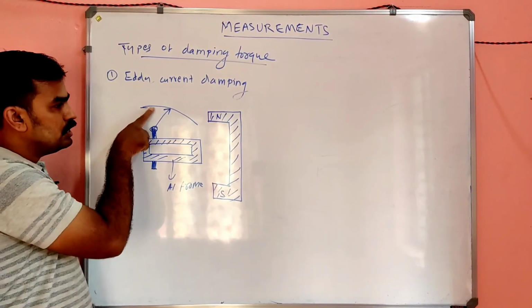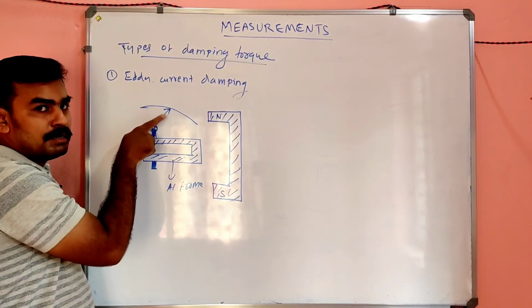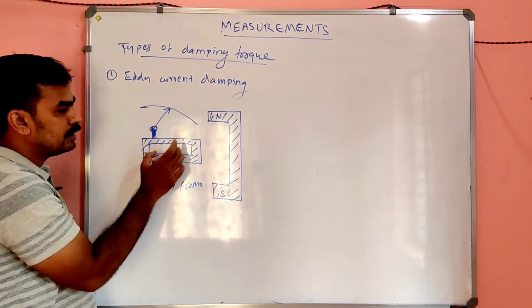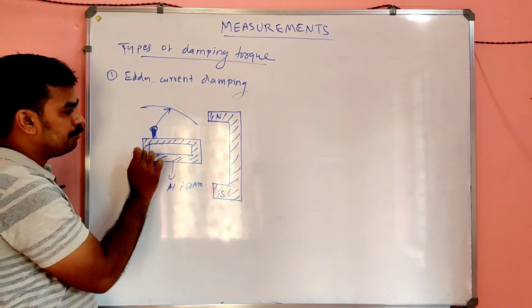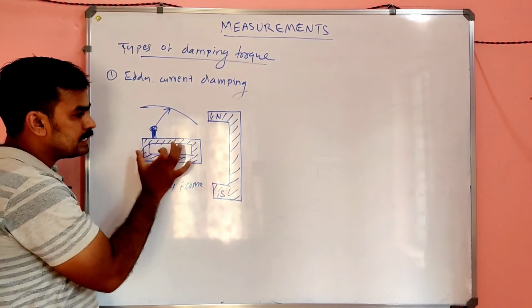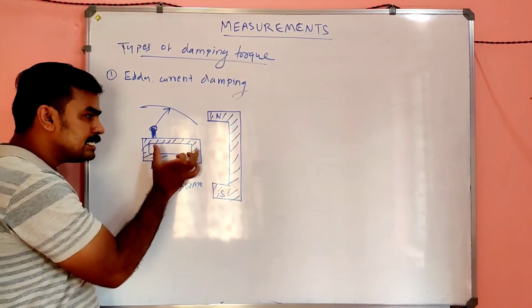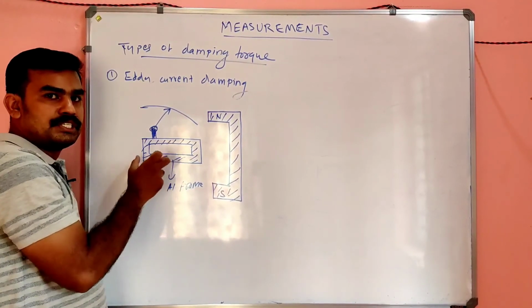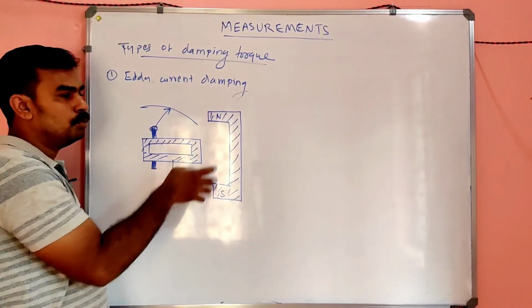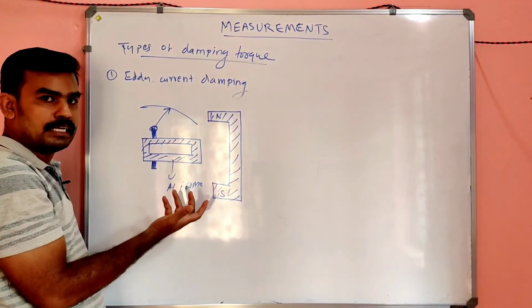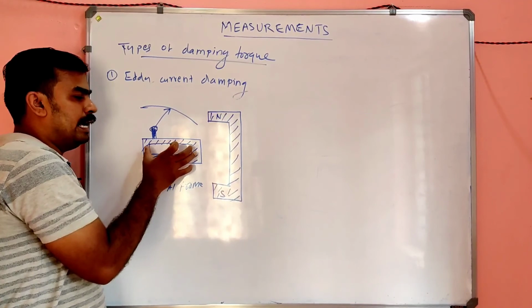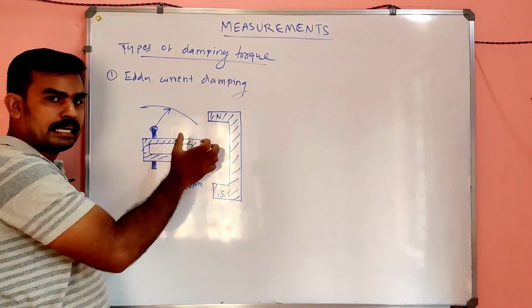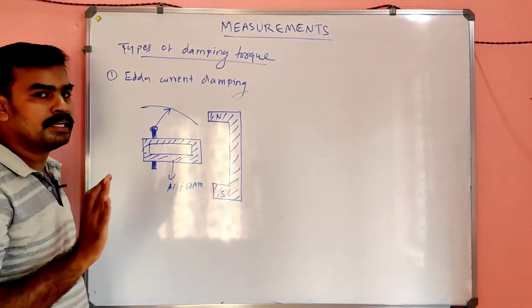So what happens, my dears? If the pointer is oscillating at its final position, this aluminium frame also starts oscillating. Due to this oscillation, there will be an induced EMF due to the presence of the magnet. You know that if a conductor is moving near a magnet, there will definitely be an induced EMF.